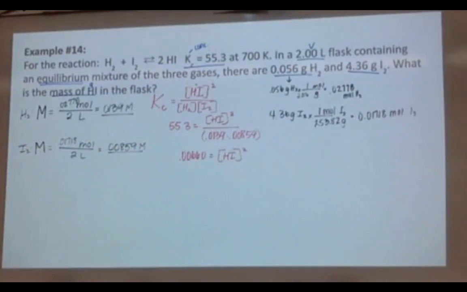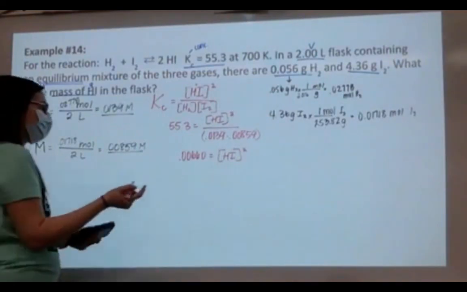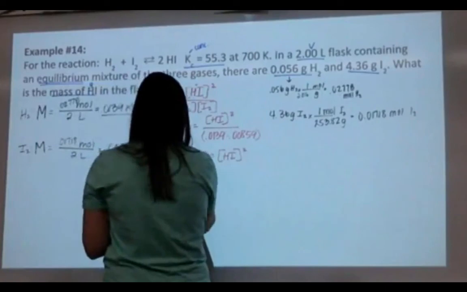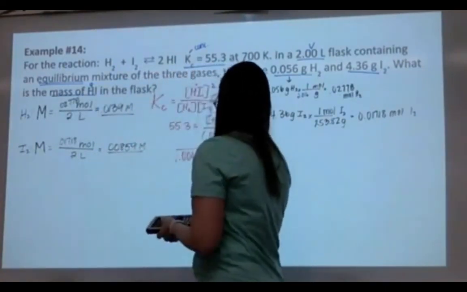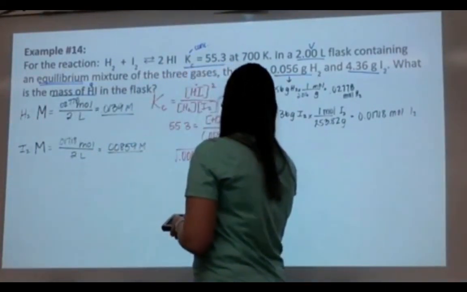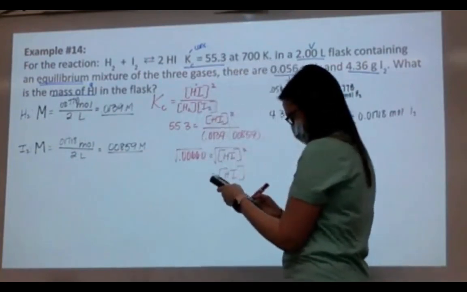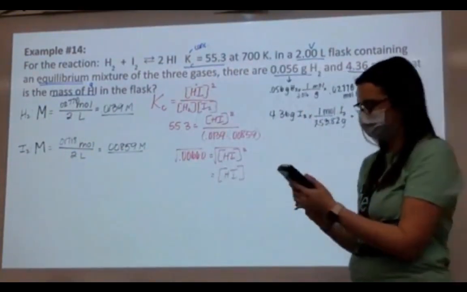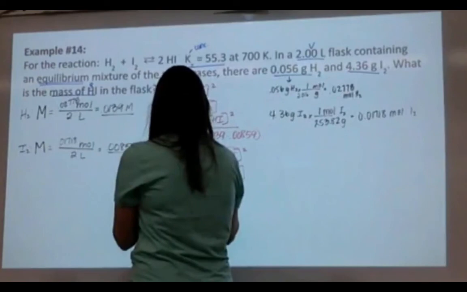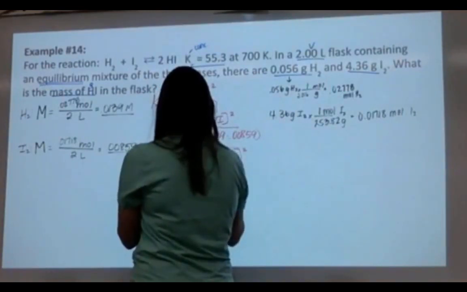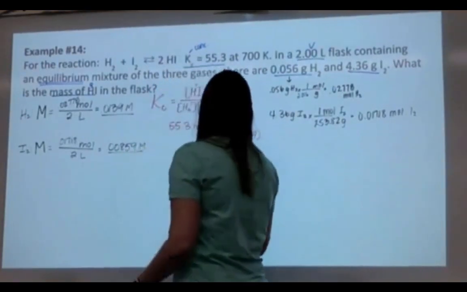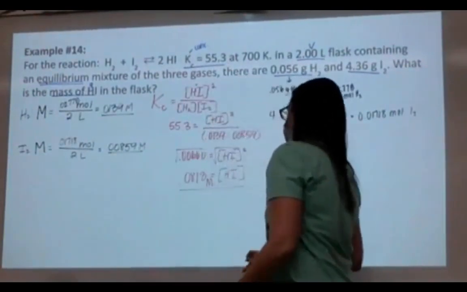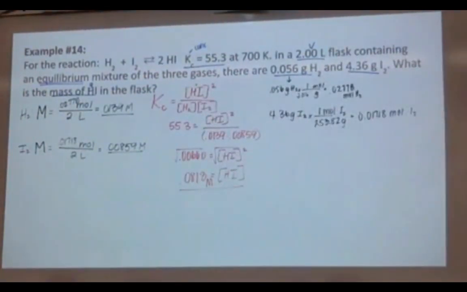How do I solve for HI? Square root. Oh, I forgot to do that. Square root of my answer, 0.0813 molar. Now I'm not going to box it, I'm just going to underline it. There's my molarity of HI.